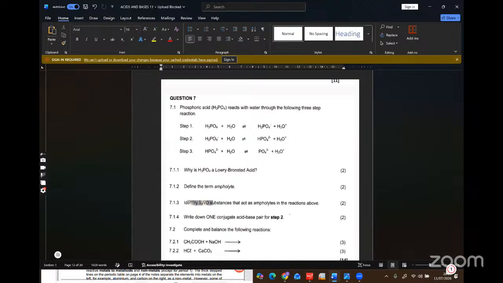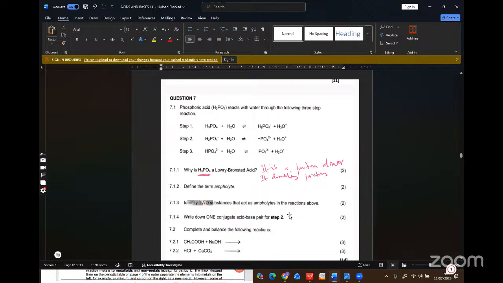Then the question is, why is phosphoric acid a Lowry-Bronsted acid? You say it is a proton donor, or it donates protons, because we say acids are proton donors and bases are proton acceptors.